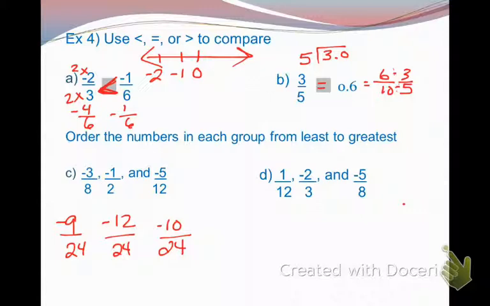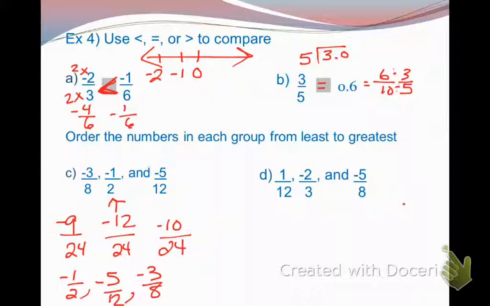So that would be this one, or negative 1/2. You have to turn it back into its normal one. And then next would be negative 10/24, or negative 5/12. And then the biggest number would be negative 3/8.